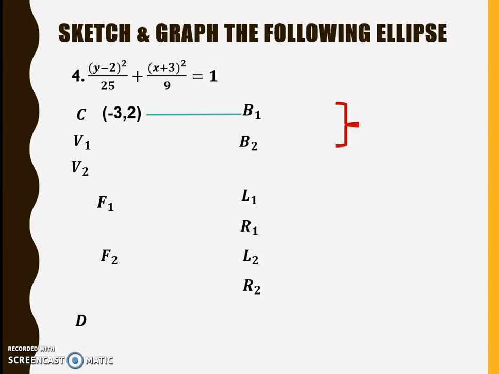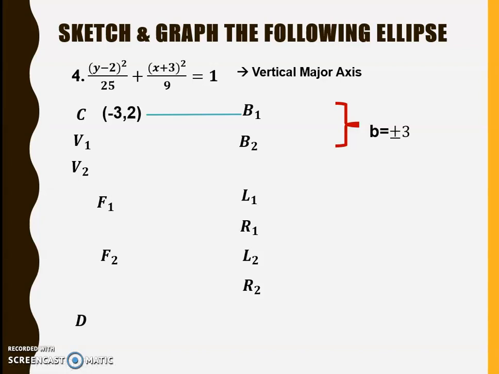And what will be the orientation of this ellipse? This is a vertical major axis. How about the value of b? B squared is 9, so b equals plus or minus 3.